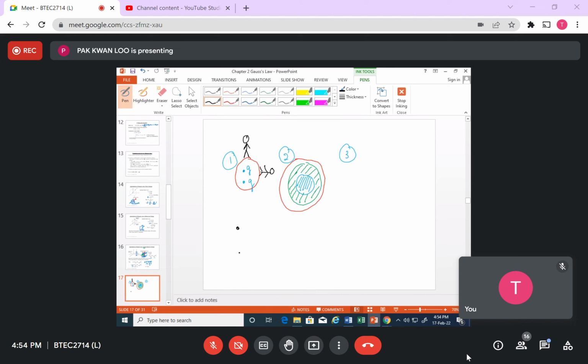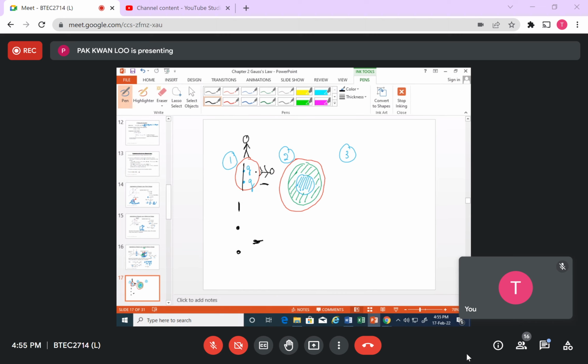If you look directly from this axis, it's going to be a single dot, a single point, since it's a point charge. But if you stand at this position, it is going to be 2-point charges.